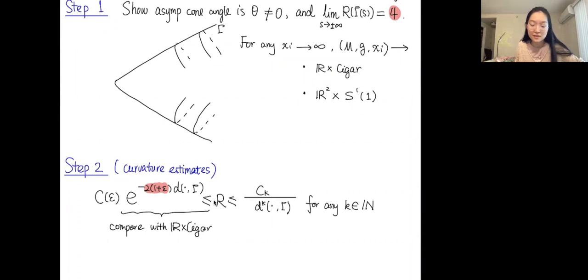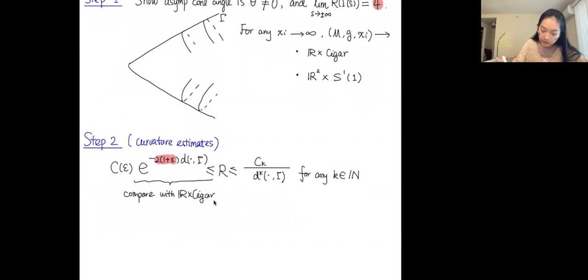Okay, so that is what we can prove for the scalar curvature, and because this manifold is positively curved, the scalar curvature bound implies a bound on the curvature operator. And in the next step, we want to construct an approximate metric.